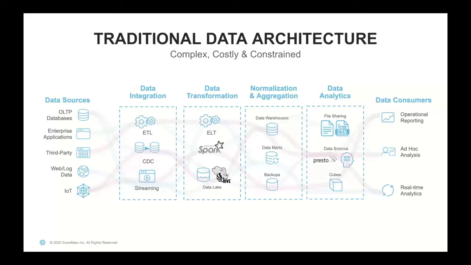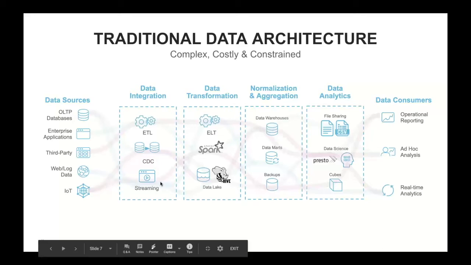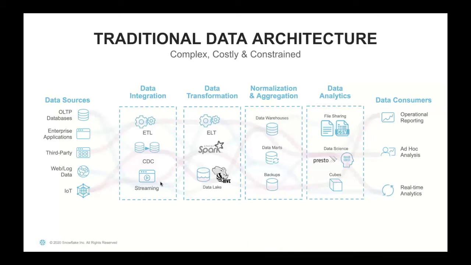The treatment of data has to move through a bunch of different stages, and we've categorized four general stages here. Each one of these stages may have multiple different technologies in them. It becomes very complex, costly, and constrained. You might think we're going to be talking only about data warehousing, but really data warehousing is just a small piece of the puzzle, as you're well familiar.